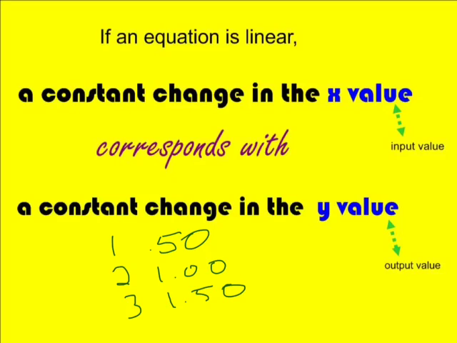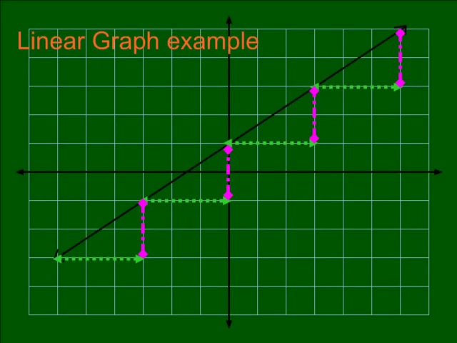Let's take a look at an example of actually graphing a linear equation. Here's what an actual graph of a linear equation looks like. Here's the straight line, which represents the equation that has been graphed. And then this diagram shows you that you have a constant change in the x value that corresponds with a constant change in the y value. Over 3, up 2 every time.